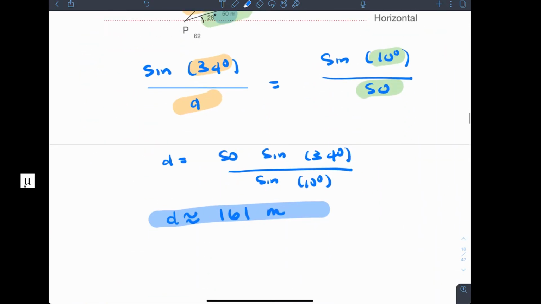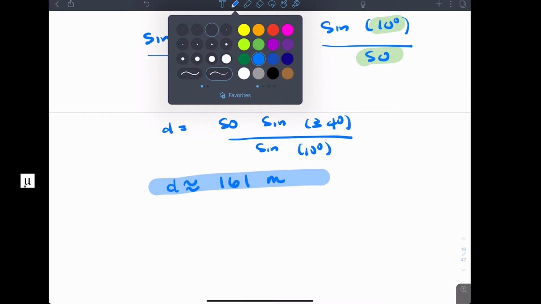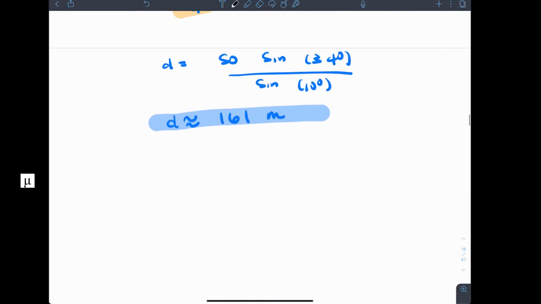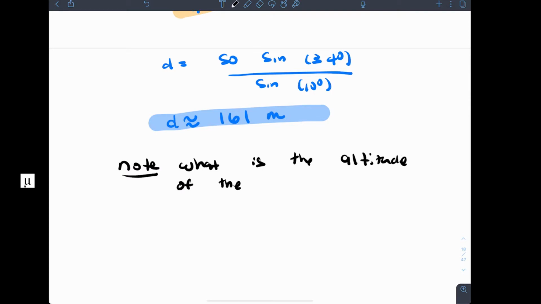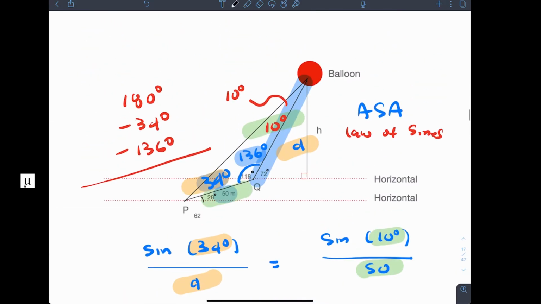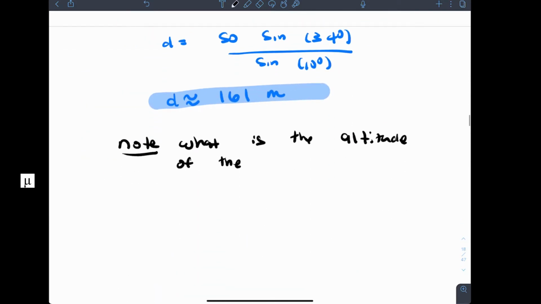Okay, and then I'm going to say note. What do you think they may want to ask next? I'm going to say, what is the altitude of the, is that a balloon? Yeah, of the balloon.